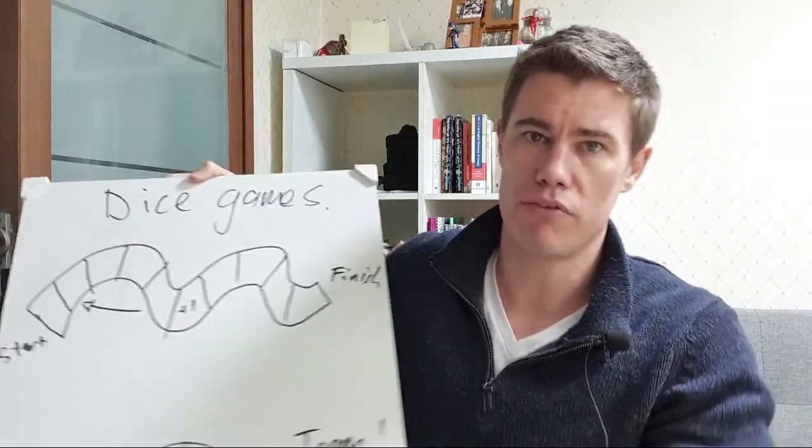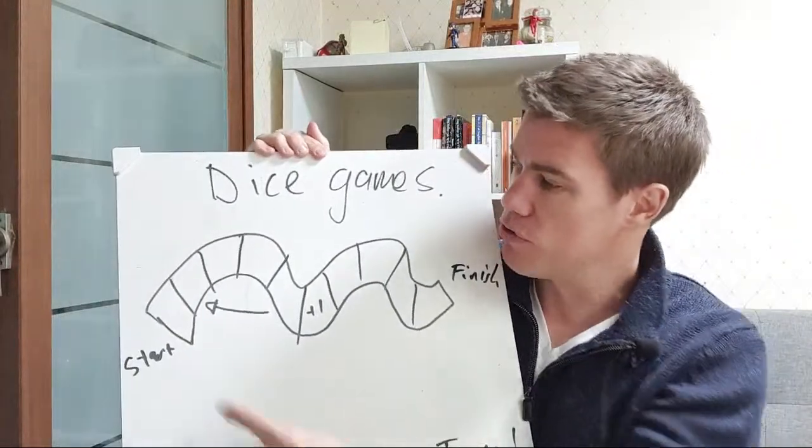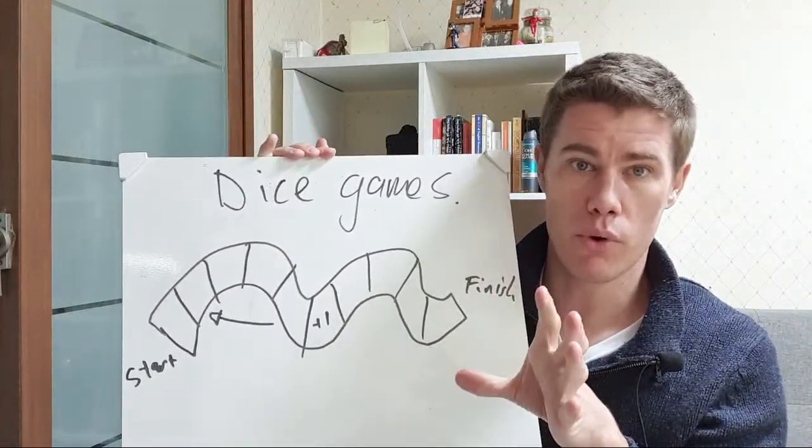Okay, so the first game you can play with dice. Dice is a really good tool to have in the classroom. I've usually got a bigger dice, very spongy, that you can throw around and kids can't hurt themselves with. Now, the first game I would like to show you is great for reviewing a lesson or vocabulary or grammar. It could be anything. So what you do is you create a board game on the board.